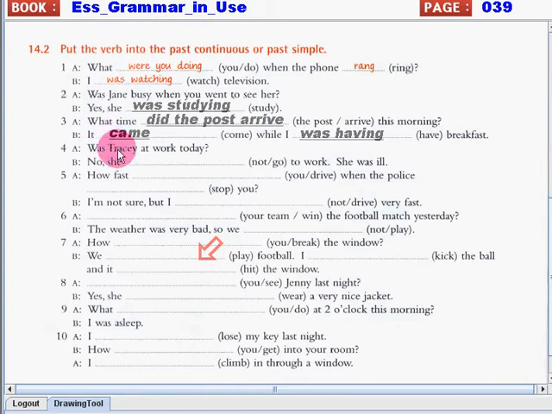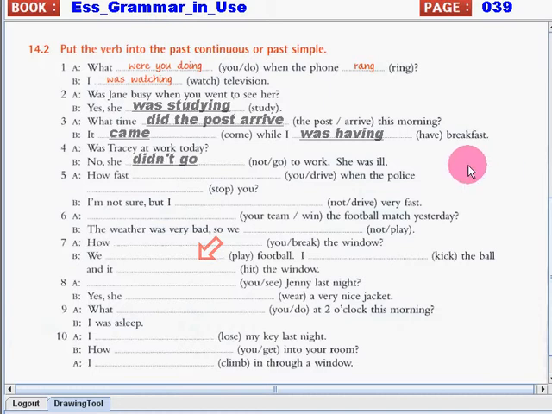Okay? Now, let's go on to number 4. Was Tracy at work today? No, she blank to work. She was ill. So students, what do you think is the right tense of the verb here?